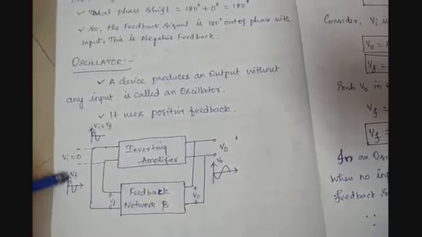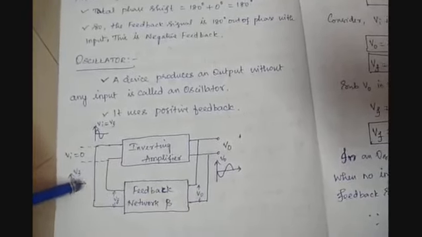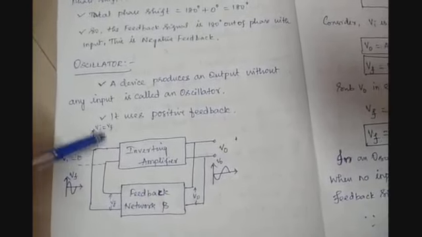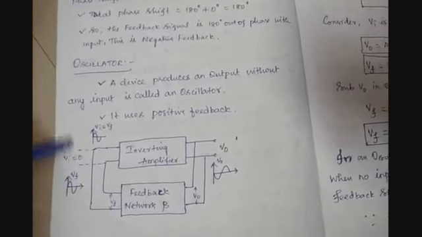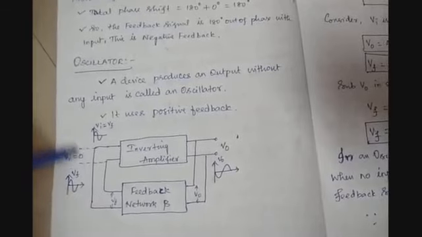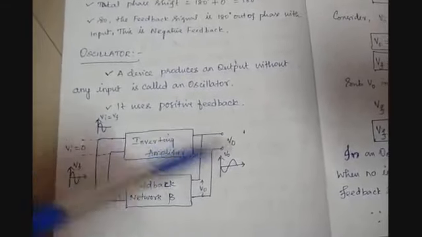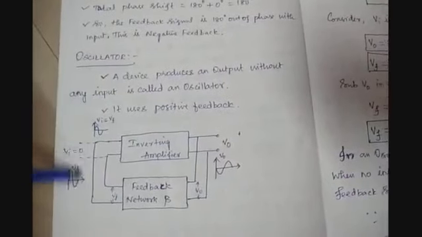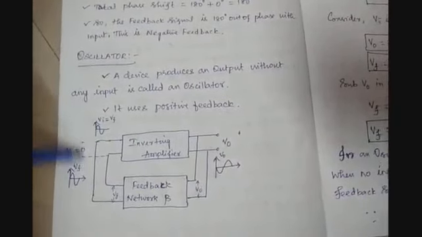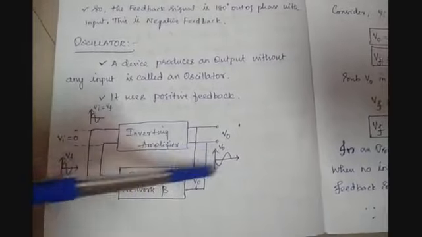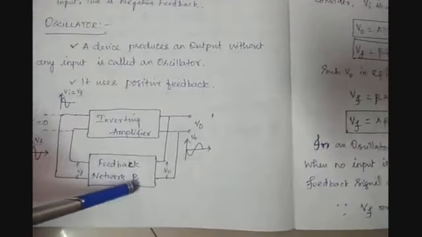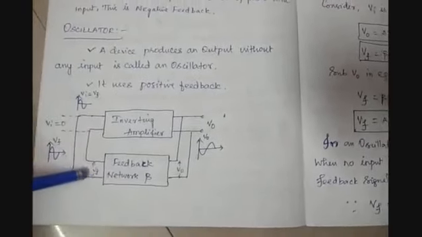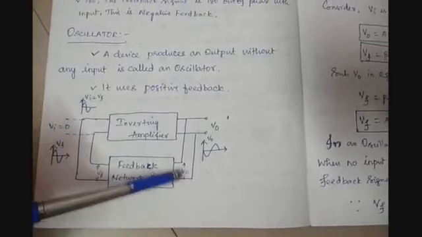So VF is in same phase with Vin, but here Vin I am taking as 0. Which means we'll see when we explain the derivations. You can understand how we are going to take the input voltage as 0 here, and beta is the feedback factor or feedback ratio, and VF is the feedback voltage, and Vout is the output voltage.